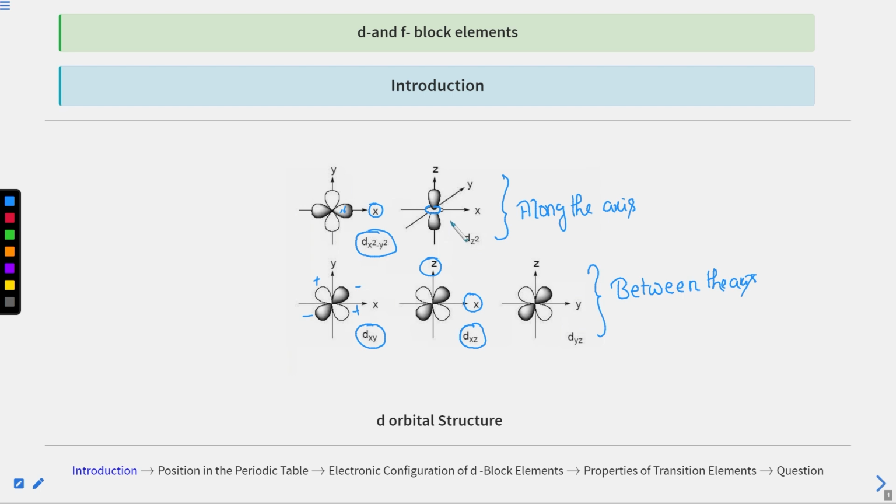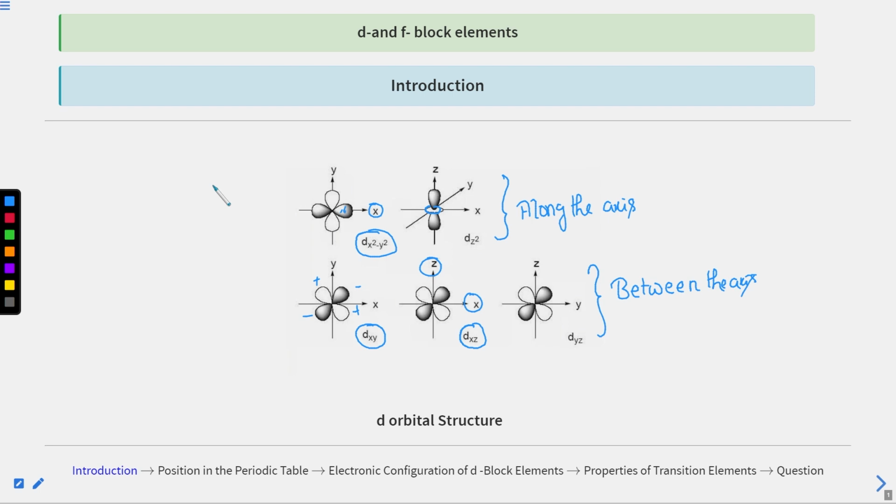Since the electron density is more, it can make the sigma bond. In a sigma bond we require head-on collision. So the dz square is oriented more along one axis rather than distributed along four lobes, and for that reason it is capable of making sigma bond.